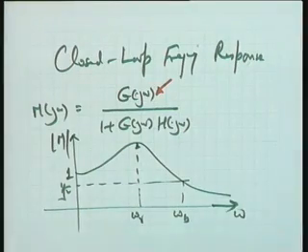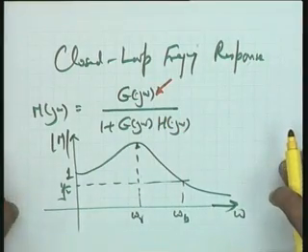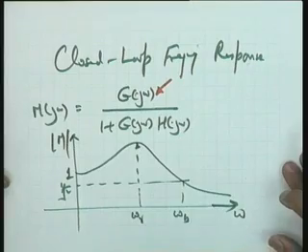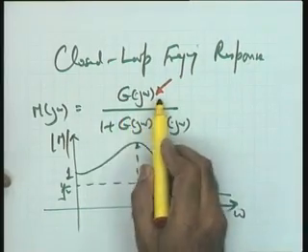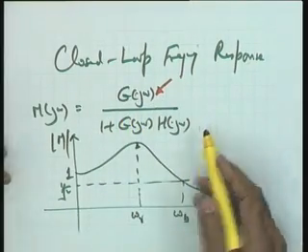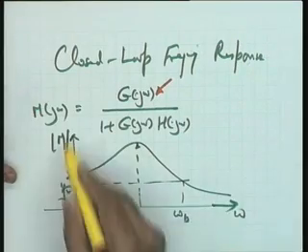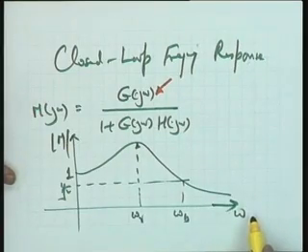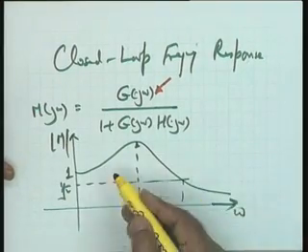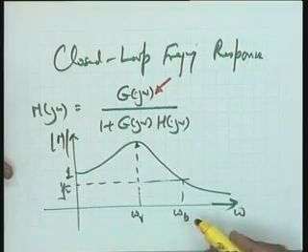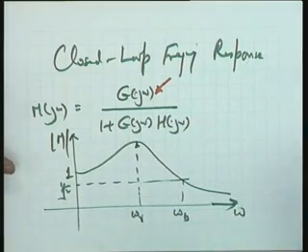So you see the question is this: if I have the computer, there is no problem. I will get the value of G(j omega) over 1 plus G(j omega)H(j omega), plot M magnitude versus omega, and from that plot I will be able to measure all these values of omega r, Mr and omega b.